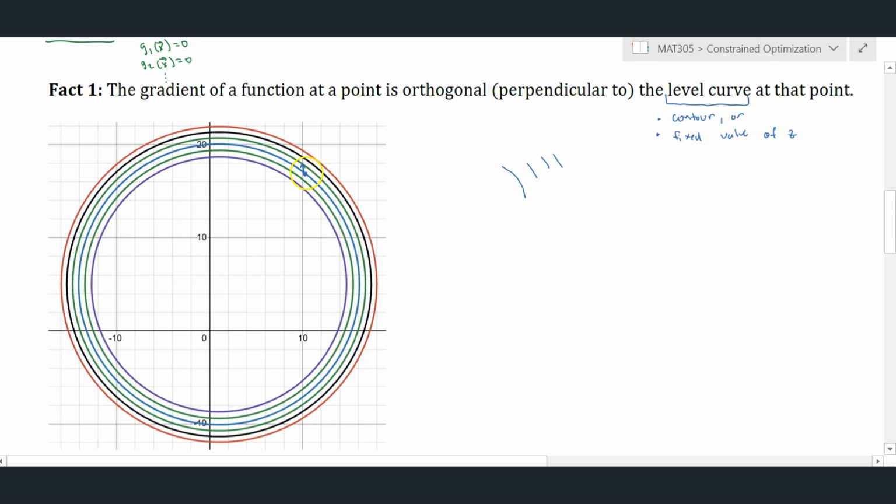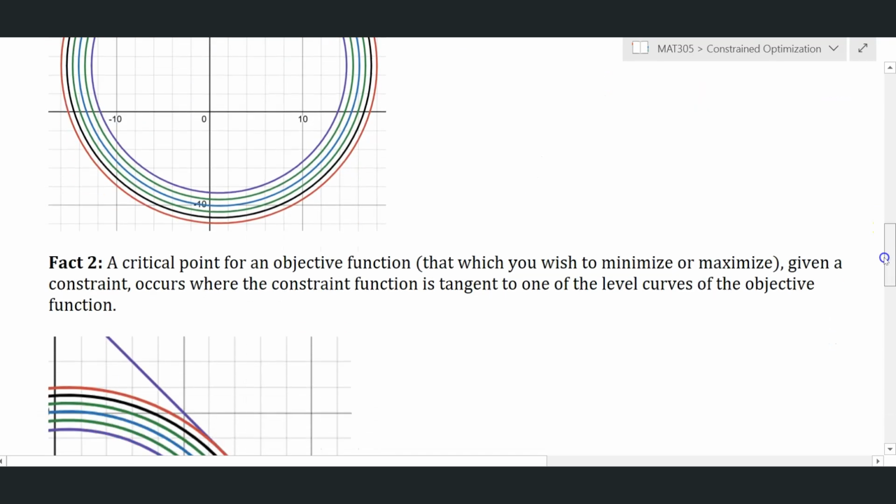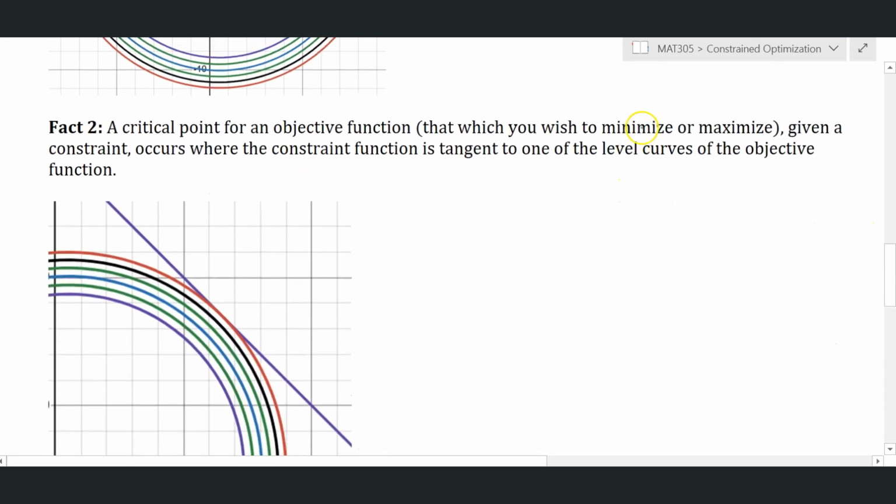But notice that that vector is longer than the vector that just goes directly perpendicular to the contour. And you can see that moving any other way, for example, this way, that's a much longer vector. It still gets me to the next contour, but it's not the fastest route. So the fastest route is just to move away from that contour as quickly as possible, and the way to do that is to be perpendicular to it. Okay, now another thing to think about is what would the contour look like for our constraint?